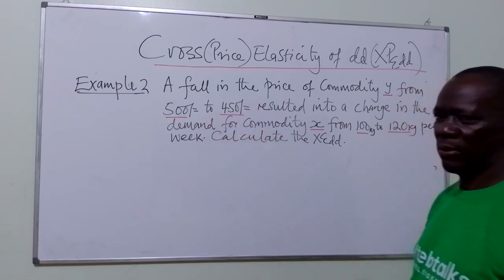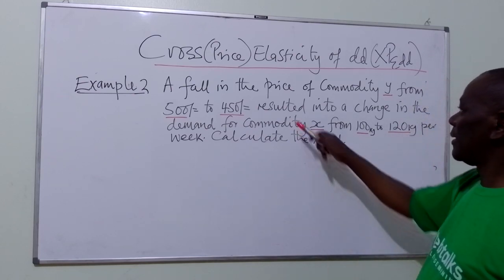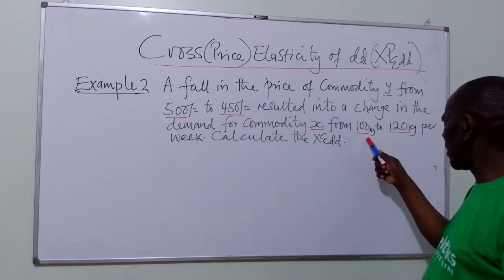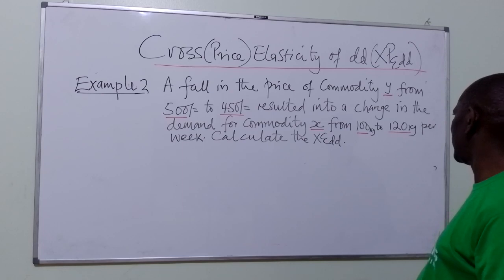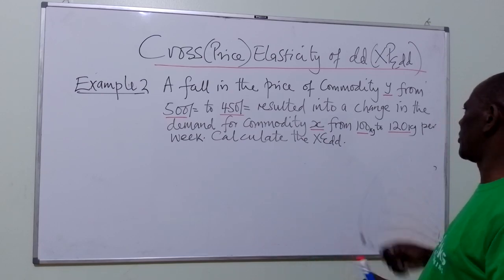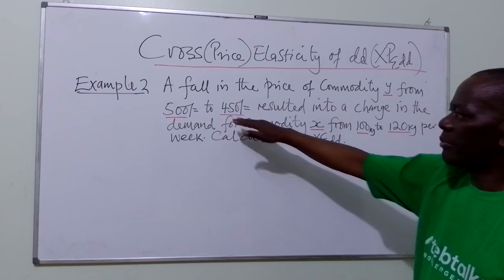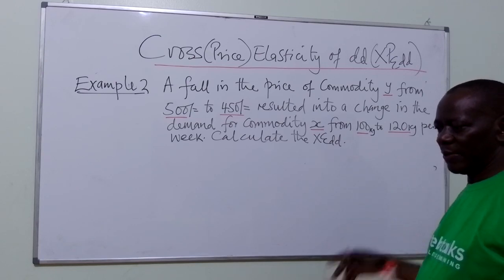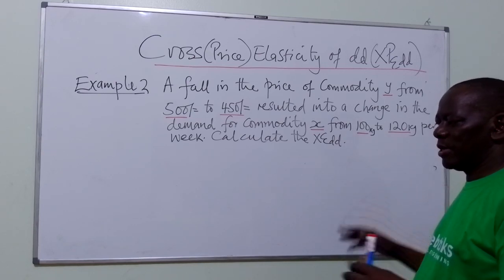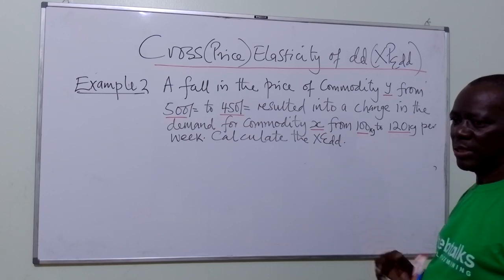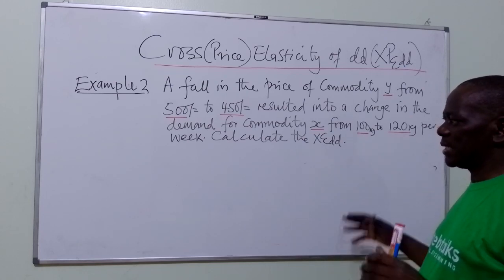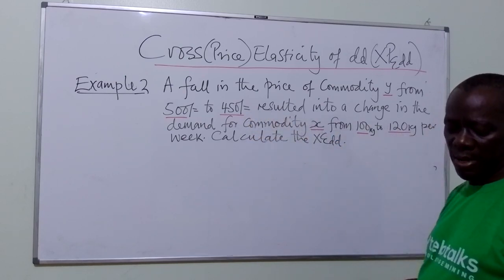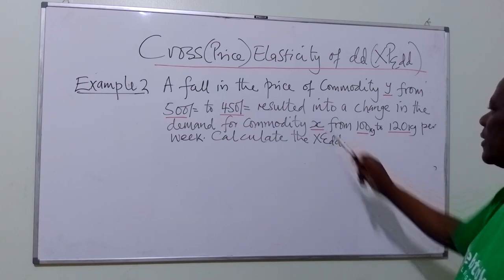The moment this one got a fall, it resulted in a change in the demand for commodity X from 100 to 120 kilograms. So we are seeing price falling, demand increasing. When the price fell and the demand increased, it means that when you reduce the price of this commodity, there will be a change in the demand of another commodity, which is X.